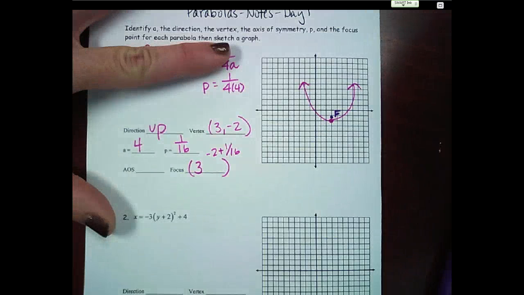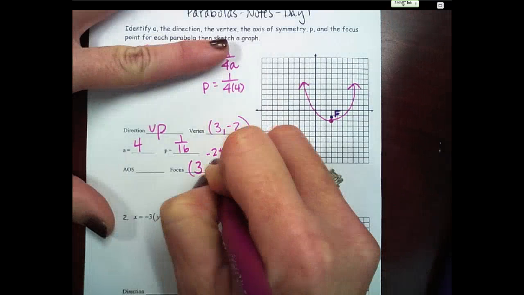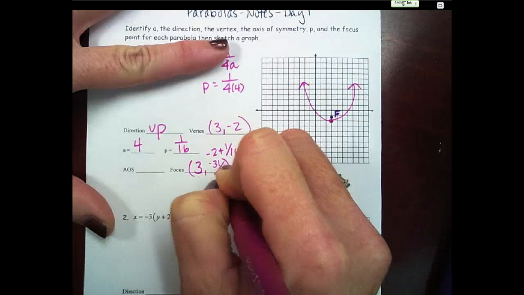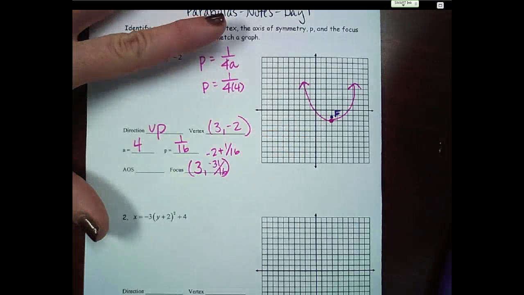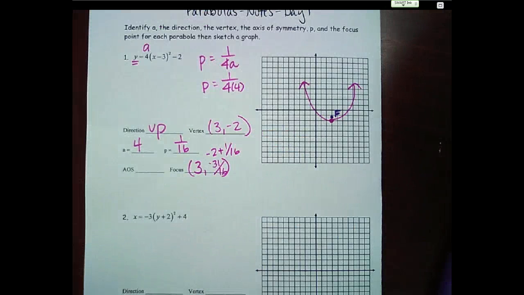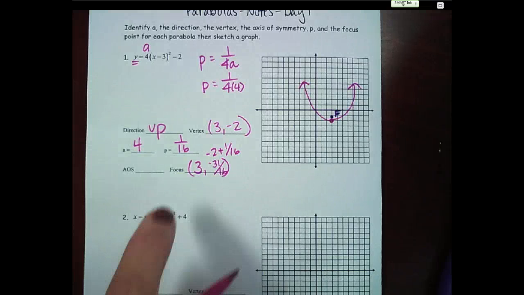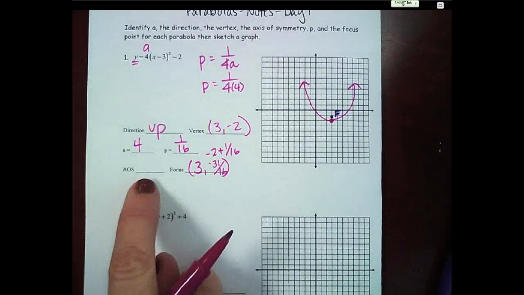You can use your calculator, -2 plus 1/16, and then turn it back into a fraction. So I'm at -31/16, which is approximately -1.9. Yeah, -31/16.